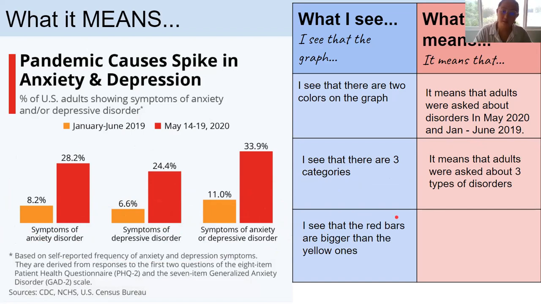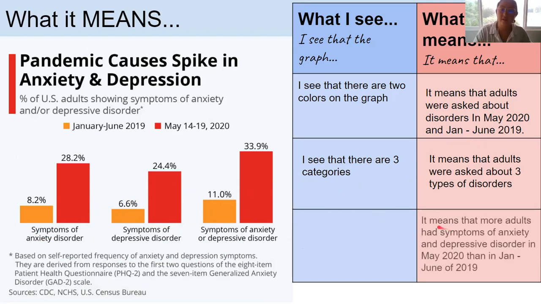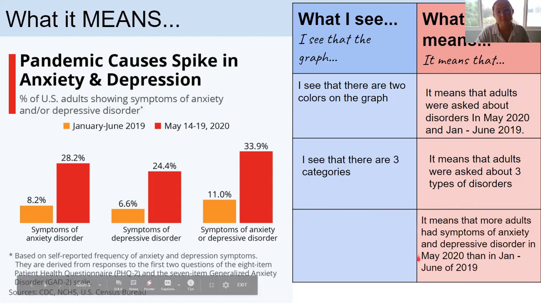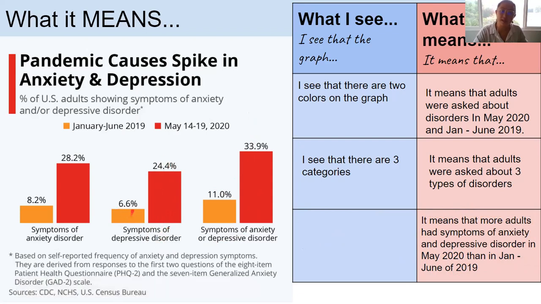It means that more adults had symptoms of anxiety and depressive disorder in May of 2020 than in January and June of 2019. More people had these symptoms in May of 2020 than they did in 2019. So that's why these bars are so much higher here than they are here.